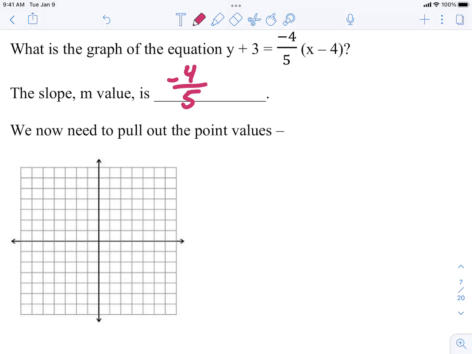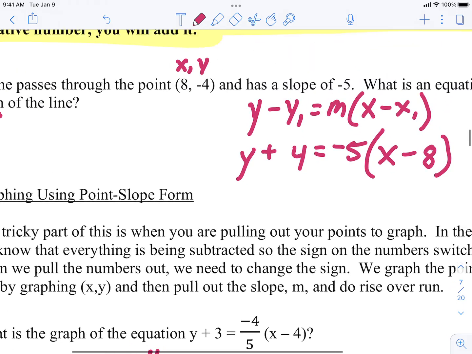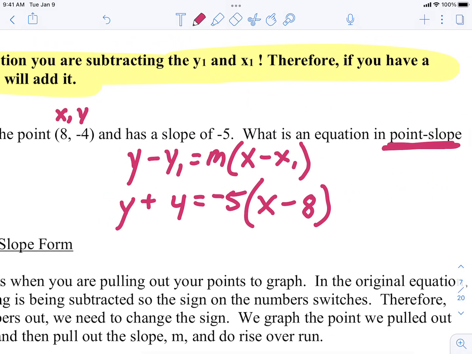Remember when we plug in our points to the equation, the sign kind of changes, right? Like here, our x was a positive 8. And when we plugged it in, it turned to a -8. Here, when our y was a -4, when we plugged it in, it turned to a +4. So when we pull the points out, we are going to switch the sign as well.